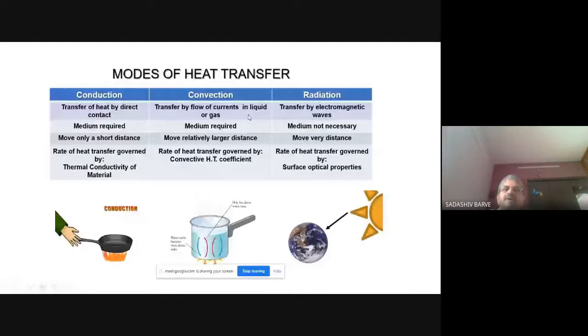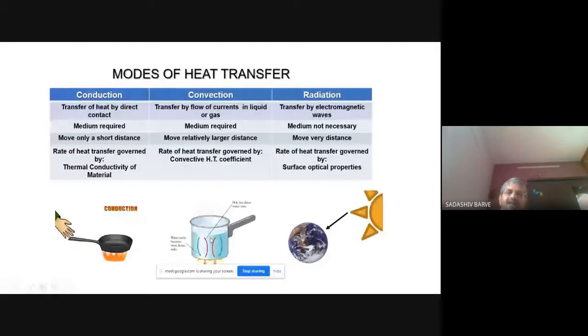Whenever the container is heated, the liquid molecules at the base get heated, become lighter, go up, and are replaced by the heavier molecules. That is how the currents are created by virtue of convection in a liquid.